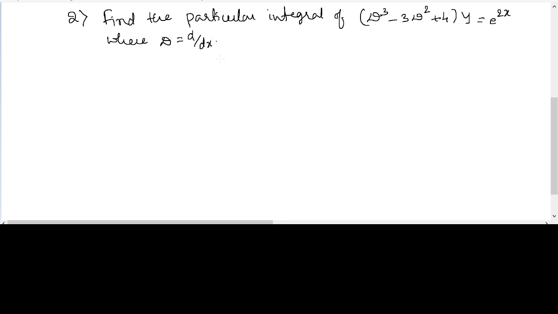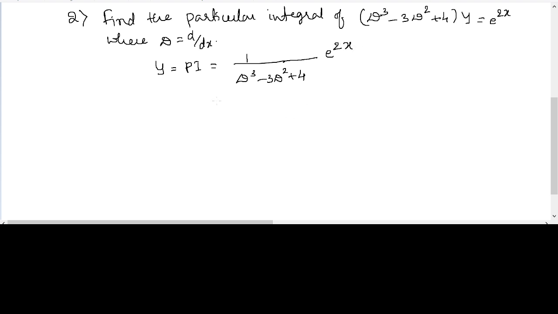Here also we proceed as in the first problem. So we write y is equal to the particular integral is equal to 1 upon D cube minus 3D square plus 4 of e to the power of 2x.